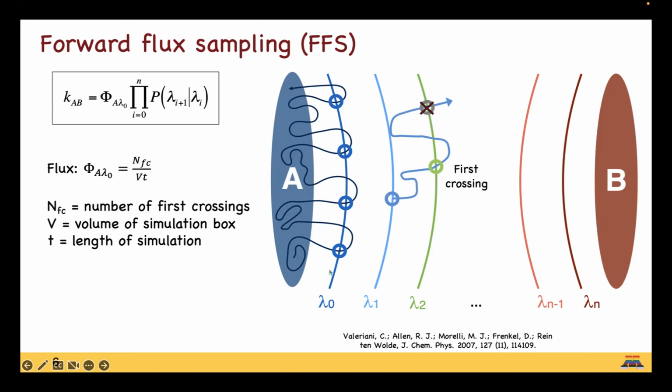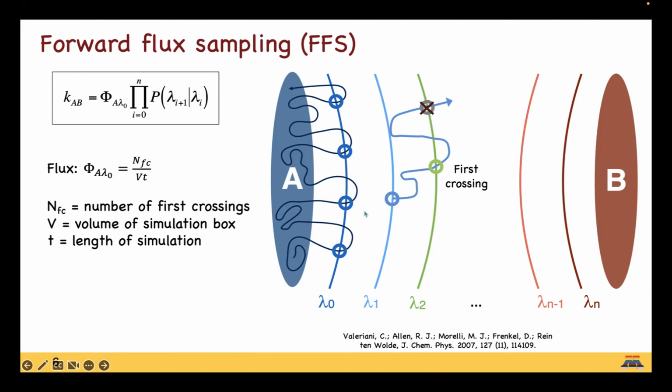And what I mean by first crossing, I'm showing you a few examples here, just to emphasize that when you run a simulation, you're talking about the first time that the path crosses the milestone that you're interested in. So in this case, going from basin A to the first interface, you're going to see when it crosses from basin A to the first interface. In this case, you're looking at going from interface 1 to interface 2.